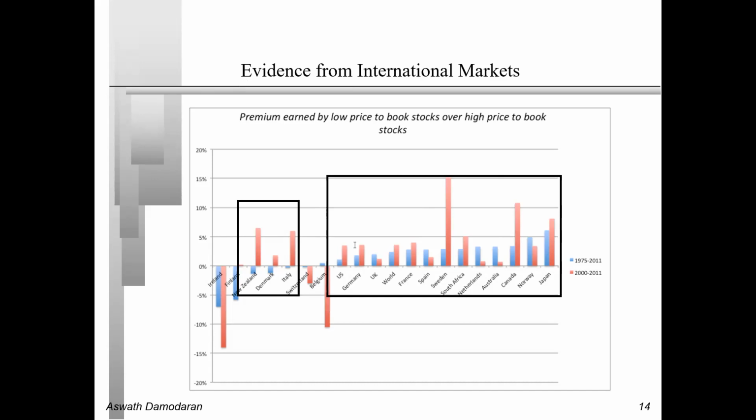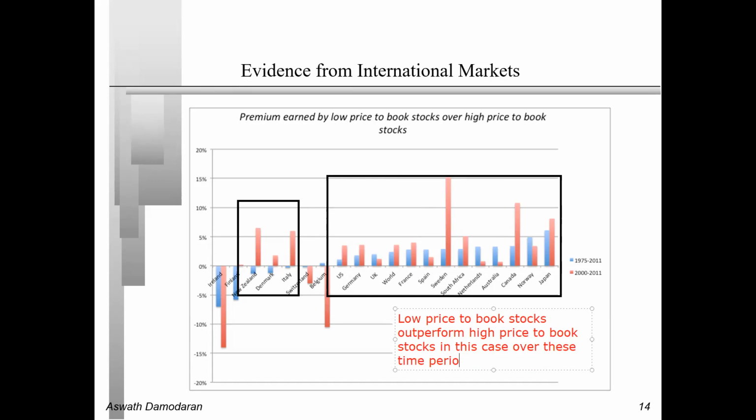As we see here, low price to book stocks outperform high price to book stocks in this case over these time periods, except in Ireland, Finland, Switzerland, and Belgium. Those are the exceptions.